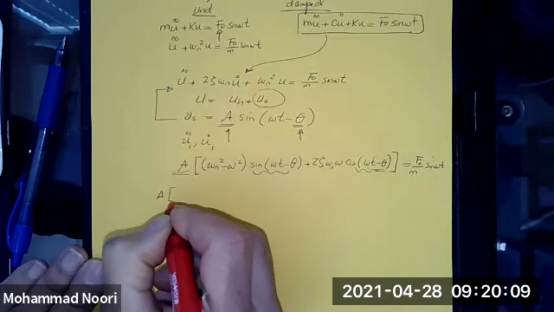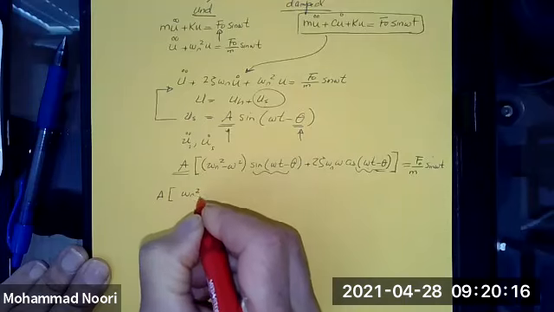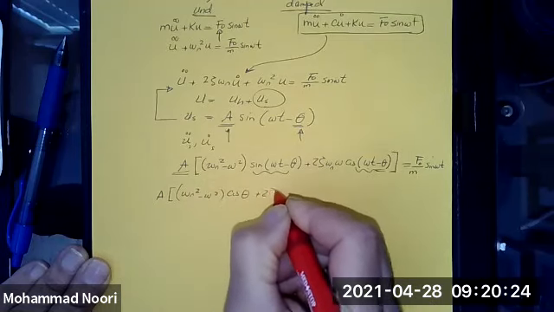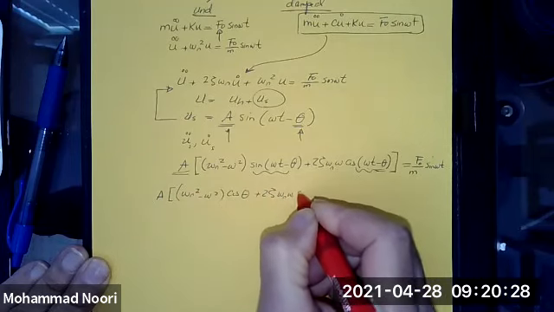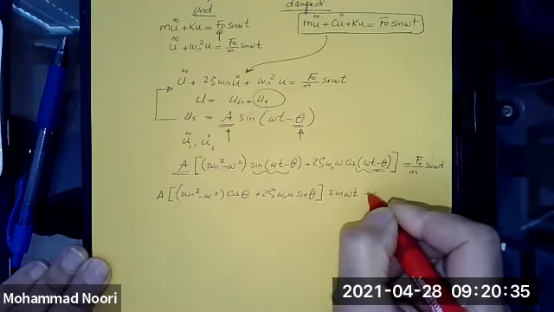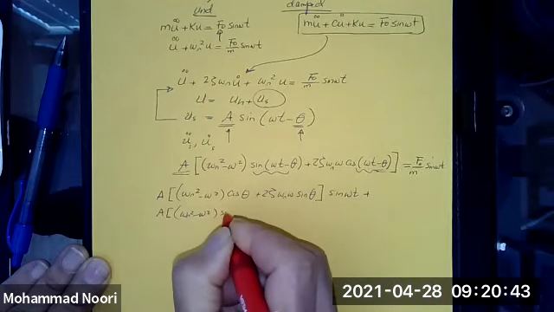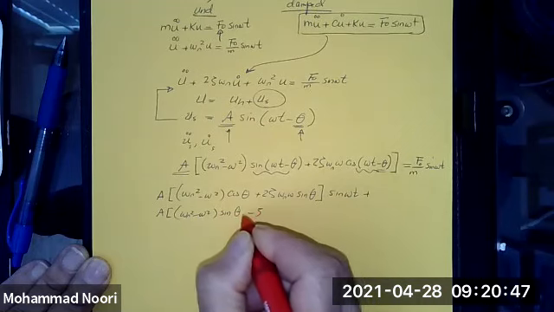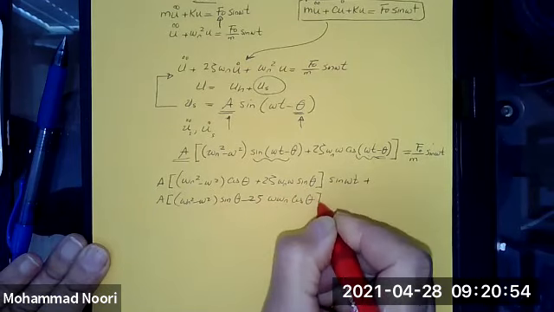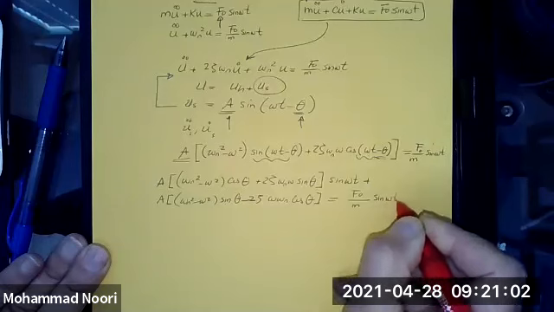You end up with A times omega n squared minus omega squared cosine theta plus 2 zeta omega n omega sine theta, times sine omega t, plus A times omega n squared minus omega squared sine theta minus 2 zeta omega n omega cosine theta, times cosine omega t, is equal to F naught over m sine omega t.